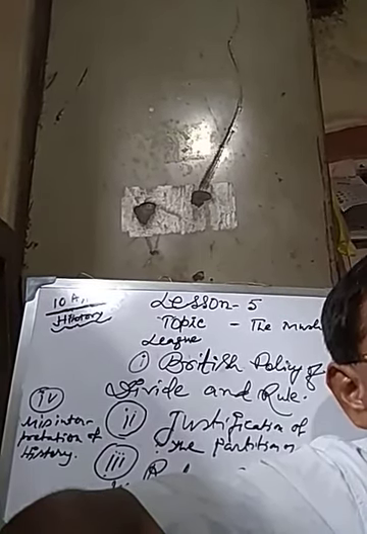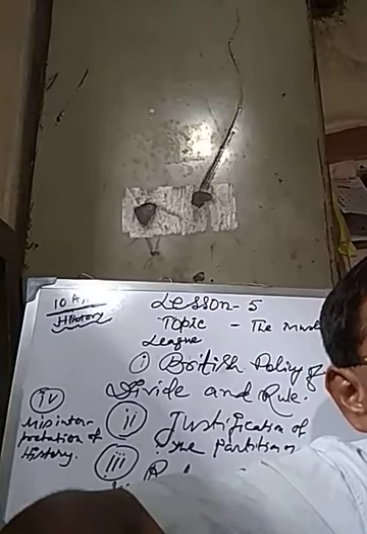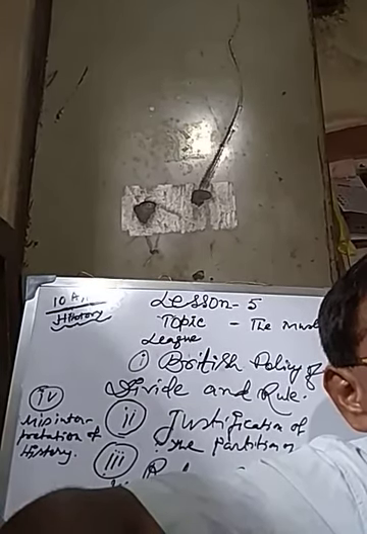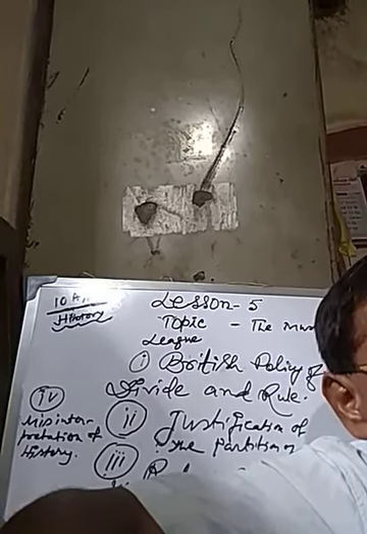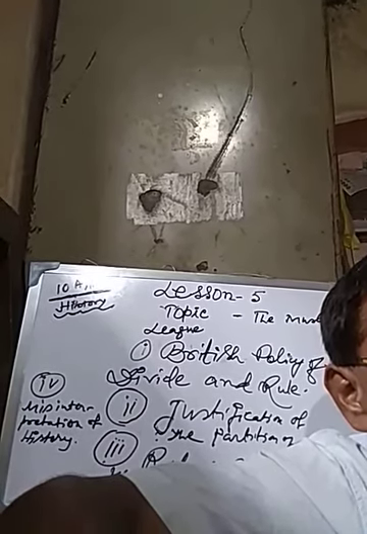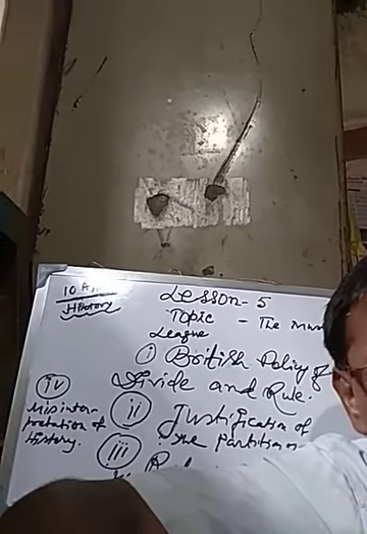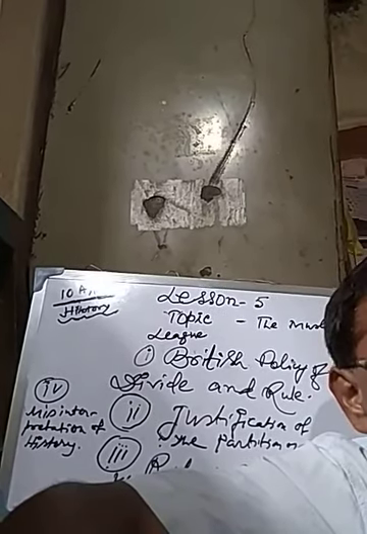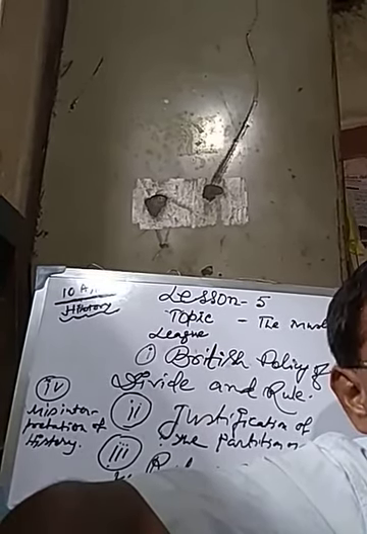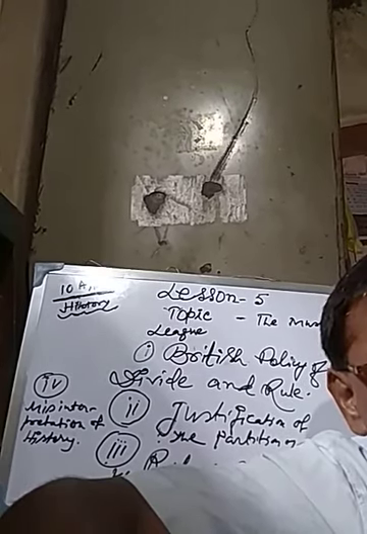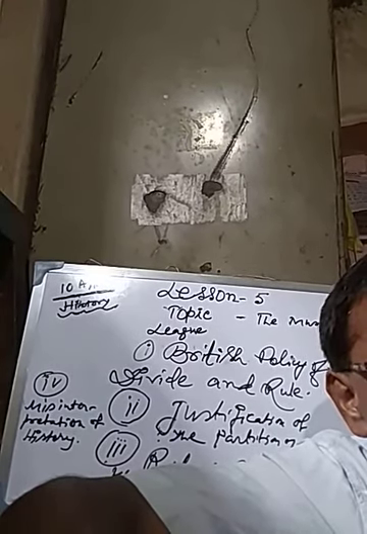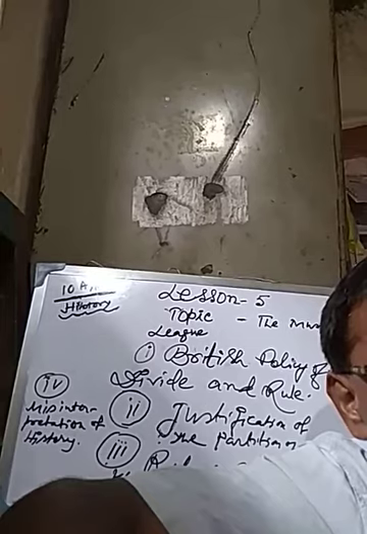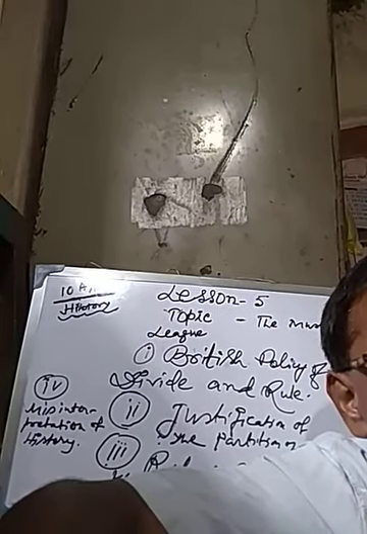And apart from this, there was the rise of an eminent Muslim leader, Sir Saeed Ahmed Khan. Earlier, he was in favor of strengthening the unity between the two communities, but later on he changed his stand and said that the interest of the Muslims was completely separate from the interest of the Hindus.